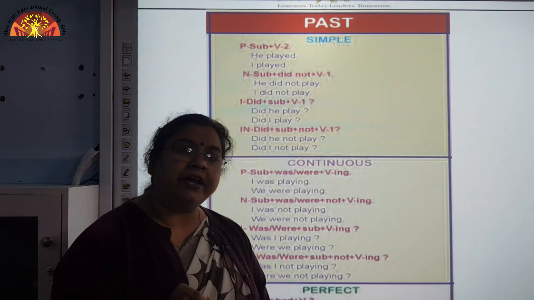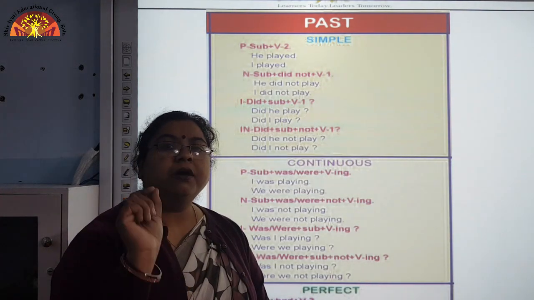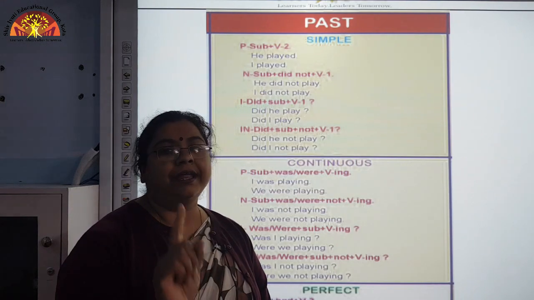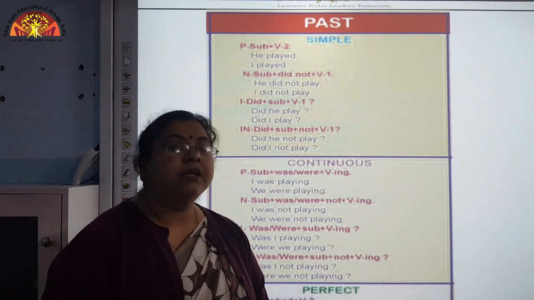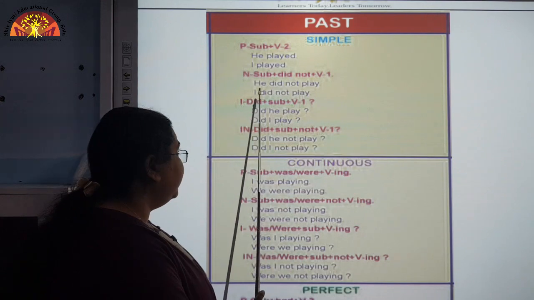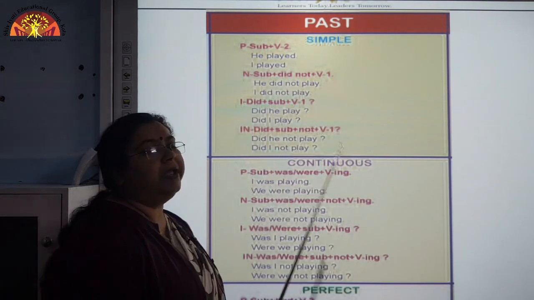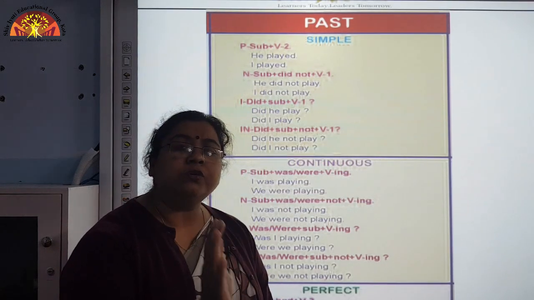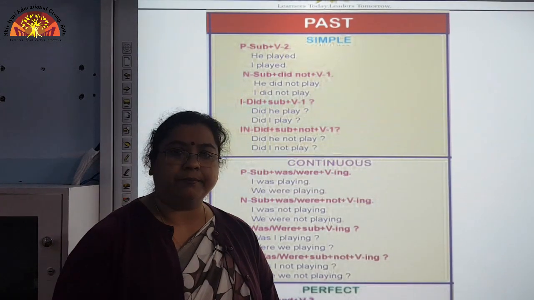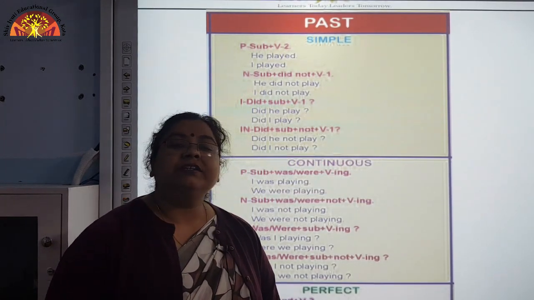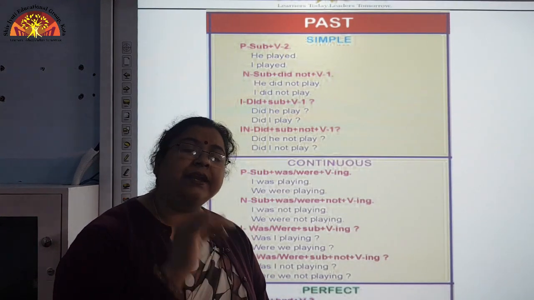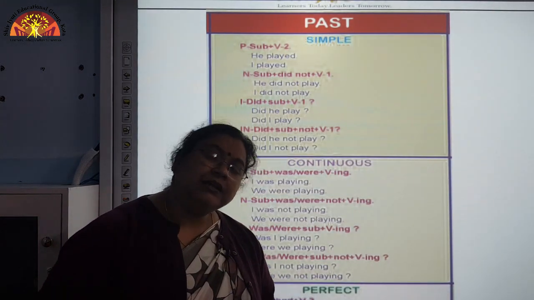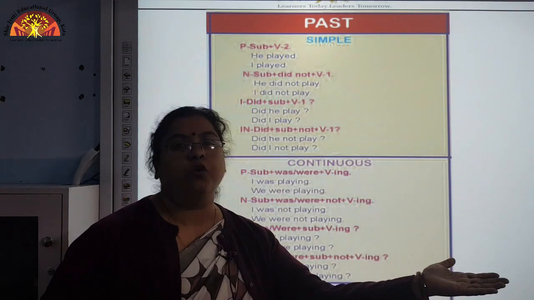That is why the principal verb will be used in first form. So, see here, he did not play, she did not go to school yesterday. That means she was required to, this happened yesterday, that she did not go.